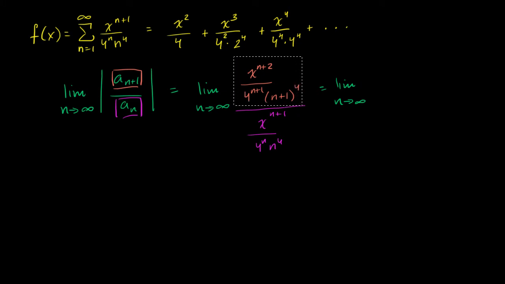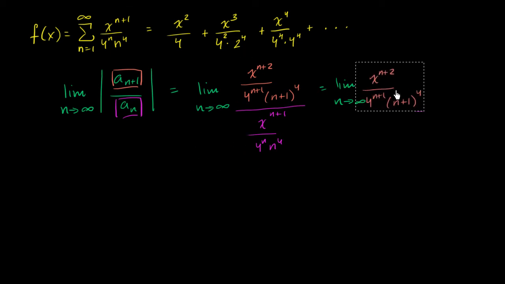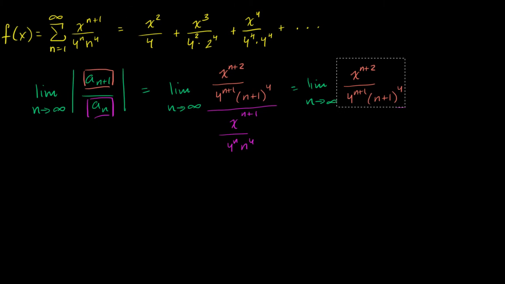So copy and paste that times the reciprocal of this. If we're dividing by a rational expression, that's the same thing as multiplying by the reciprocal. So times 4 to the n times n to the fourth over x to the n plus 1 power. Actually, let me just clean this up a little bit.